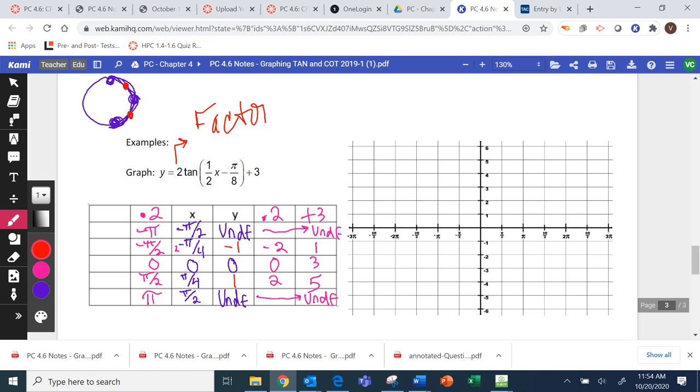He's saying, you still have to factor. So we have 2 tangent. I'm going to factor out that 1/2 x minus. Now, if you're not sure what that answer is, then you say, well, pi over 8 divided by 1/2 is the same thing as pi over 8 multiplied by 2, which is pi over 4.